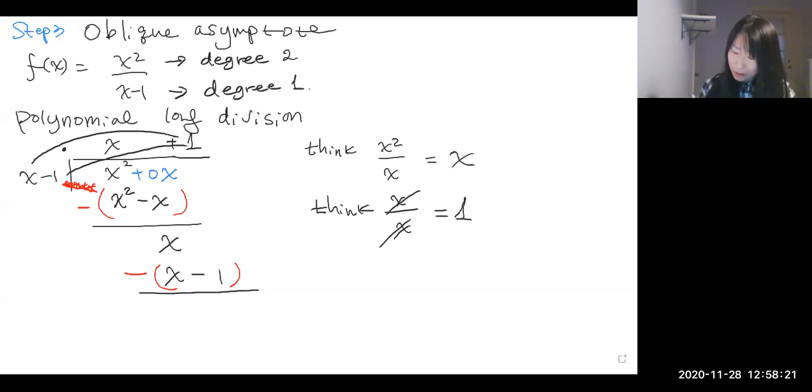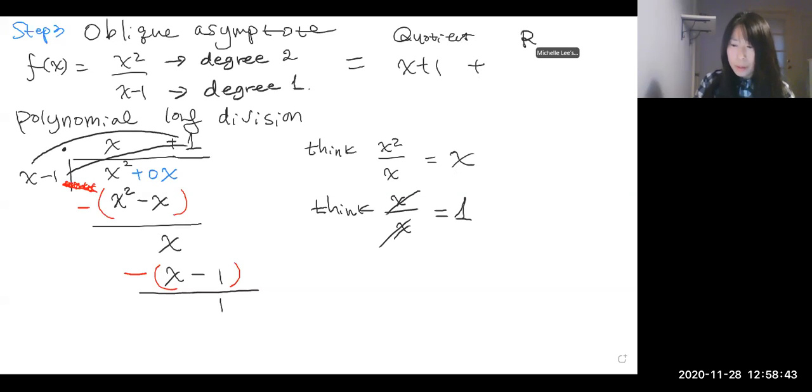I'm doing this because you might not remember it from the algebra course. So then how do we write it? We write x + 1 as the quotient and the remainder, which is 1, over the denominator, which is x - 1.